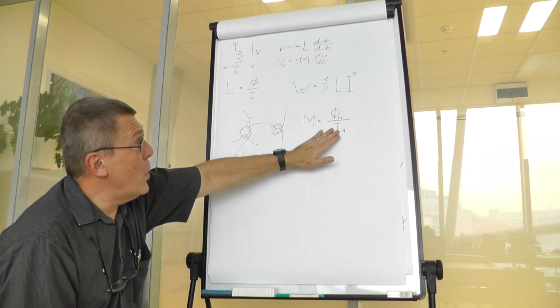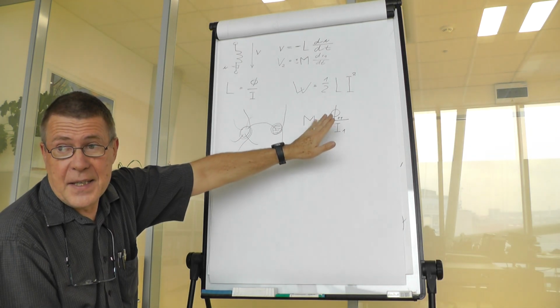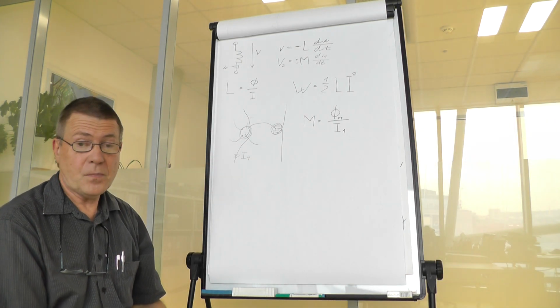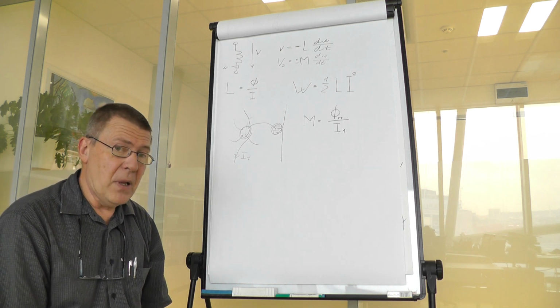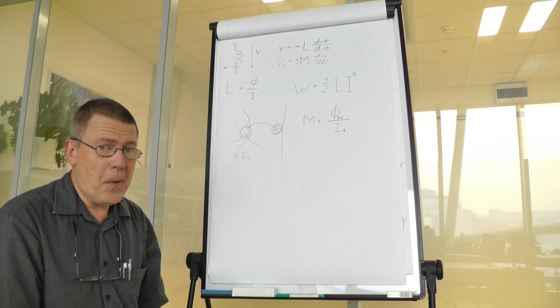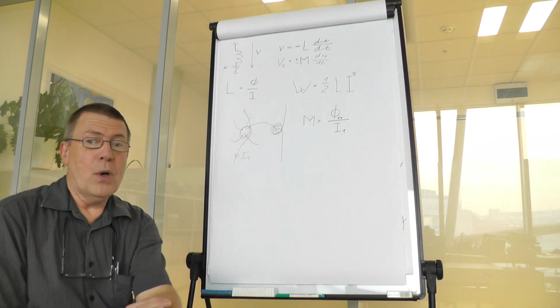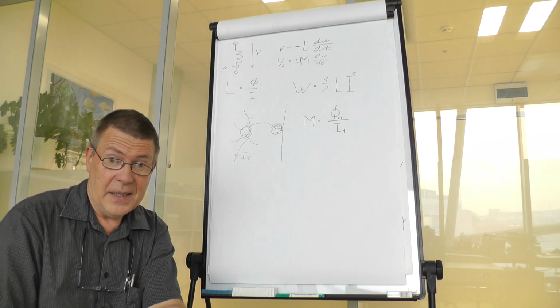So now I would like to make an illustration using a simple example. This example also shows that we have one kind of problems with magnetic field which is very important.